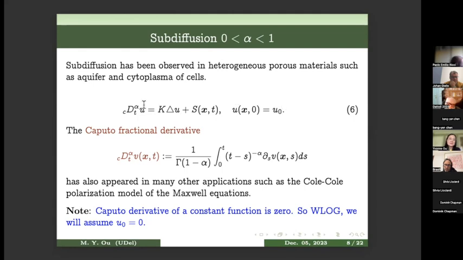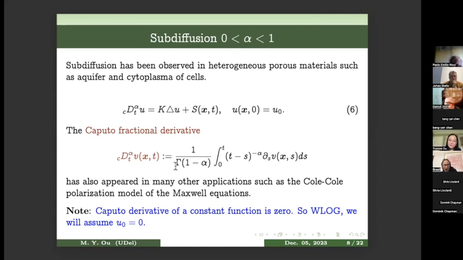Therefore, I just subtract this one from this, call it a new variable, and then absorb the term into the source term. So I can do it. So I'm going to say without loss of generality, in the slides from here, I will assume u0 is 0.